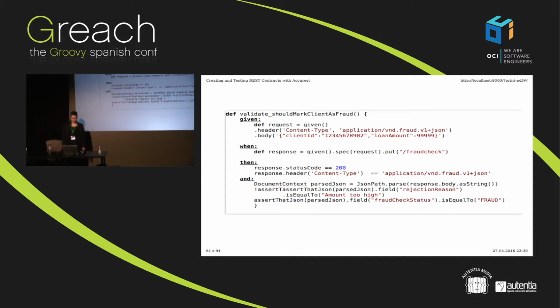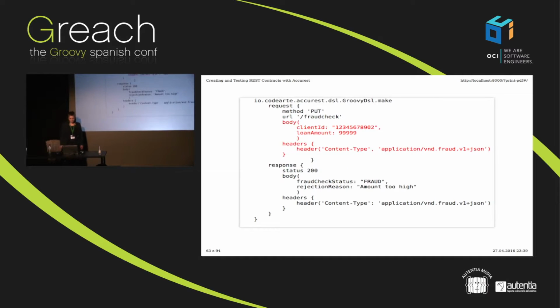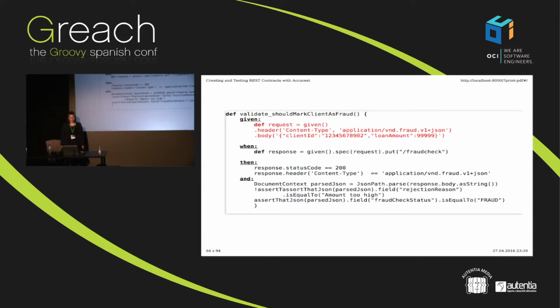And the tests are automatically generated. They will always be run, unless you, of course, do strange tweaks with Gradle, but that's not the point. So in this test, you'll see some methods used from REST Assured, which is a very nice library for verifying REST interactions, and from JSON Assert, which is a library that makes JSON assertions nicer and simpler. So, coming back to our script, the body part and the headers part are changed into the REST Assured request.